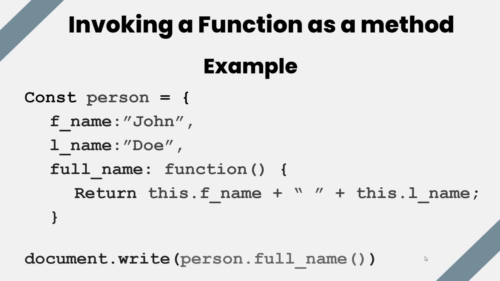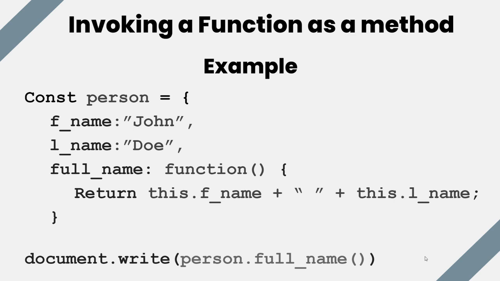And because it refers to the person object, the this keyword actually refers to everything within the person object. So if we had 10, 20, or 30 key value pairs, this keyword refers to every one of them, everything combined.